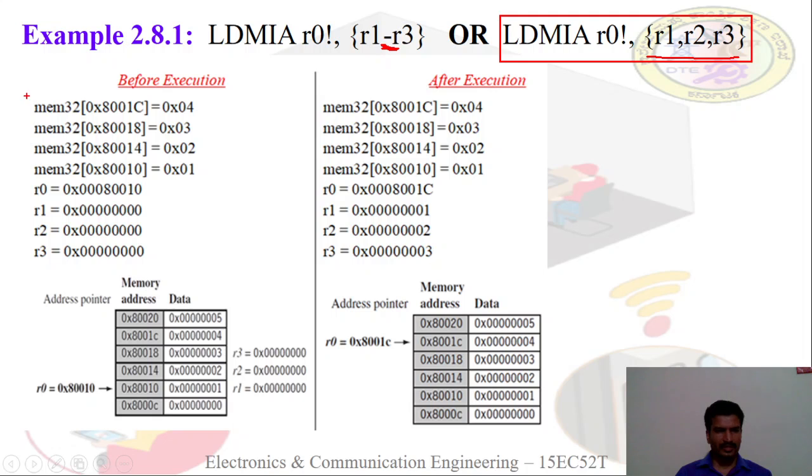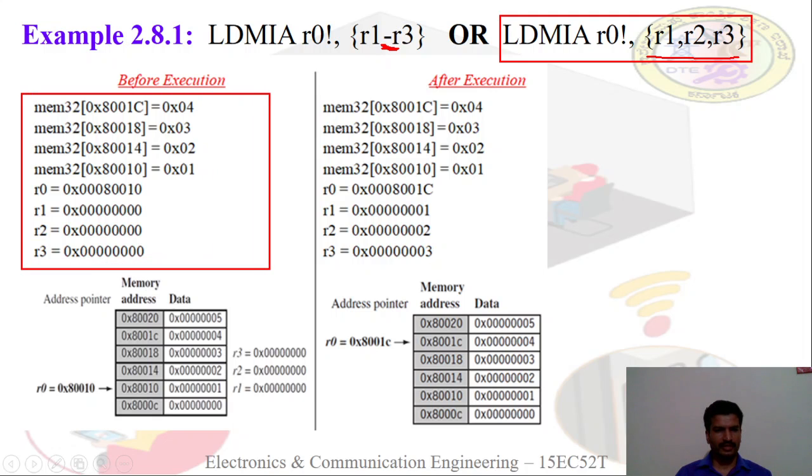So let us consider that before execution the memory contains this data. The memory, the starting address memory. So 8001C contains 4, 80018 contains 3, 80014 contains 2, and 80010 contains 1.